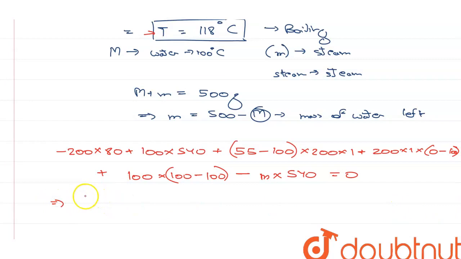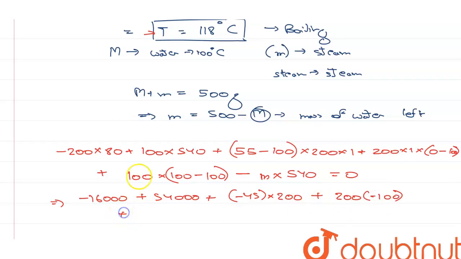So let's simplify this. Minus 200 into 80 is minus 16,000 plus 54,000 plus 55 minus 100 is minus 45 into 200 plus 200 into minus 100, plus this term will become 0, minus small m can be replaced by 500 minus capital M, where capital M is the final mass of the water in the system.